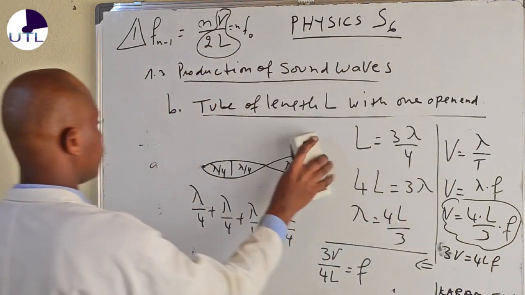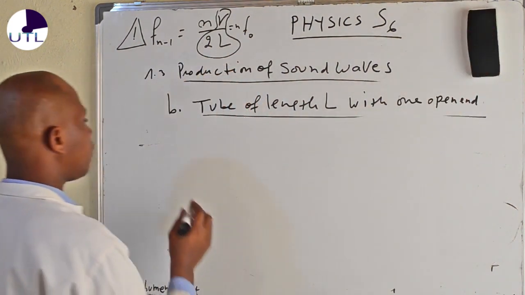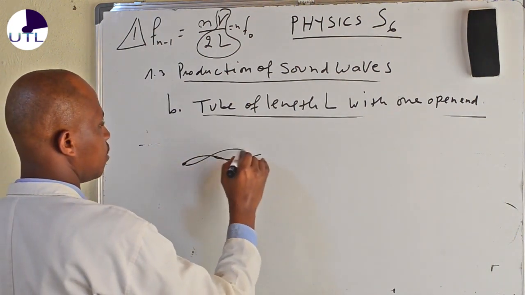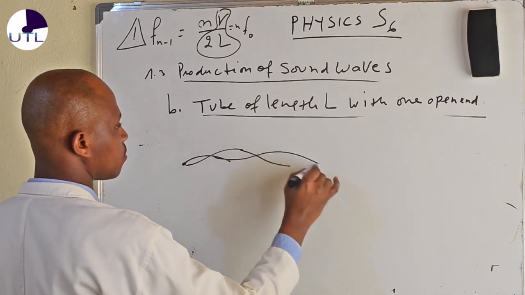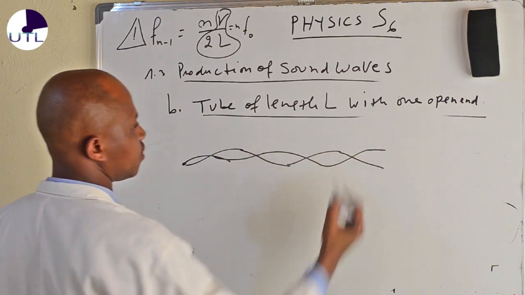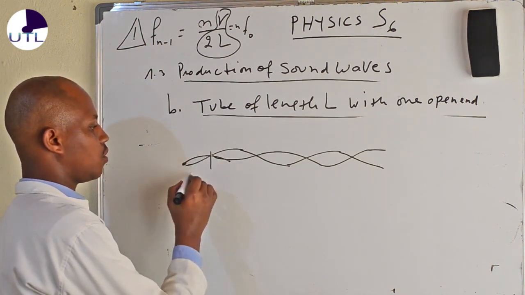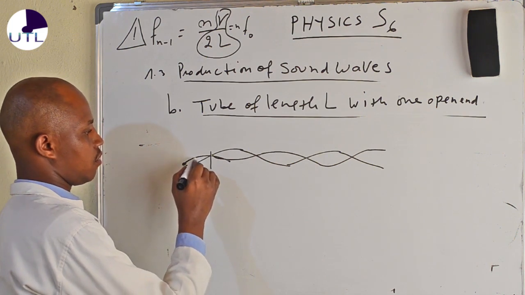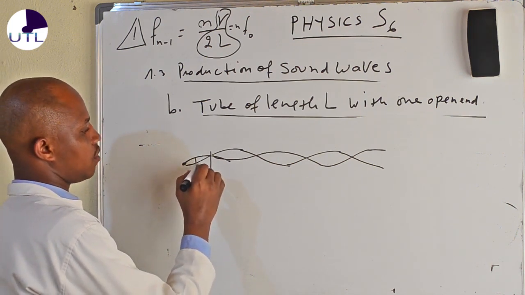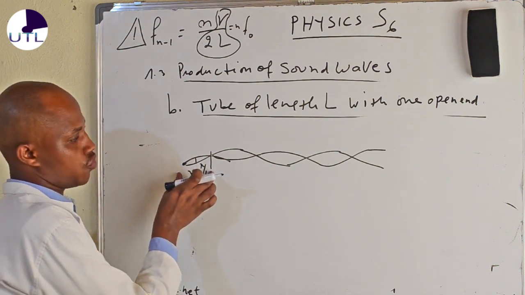Let's take another case, as many segments as possible, as long as it is open at one end. Remember, this will be equal to wavelength divided by 4. This one, wavelength divided by 4. Together this one has wavelength divided by 2.